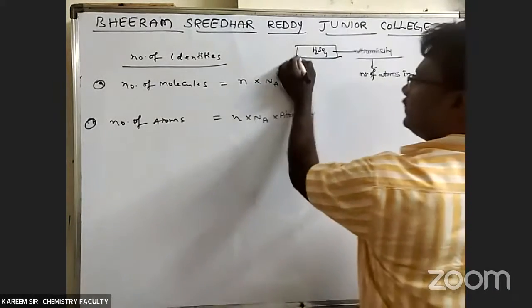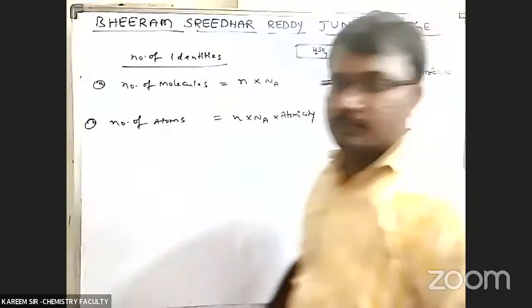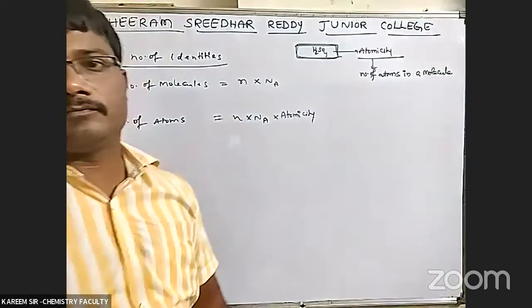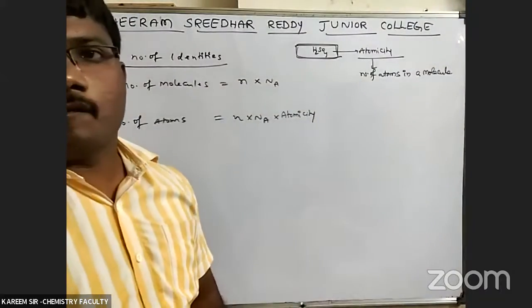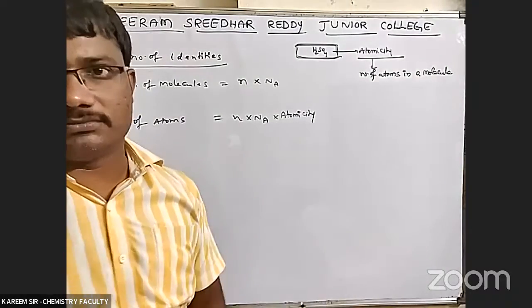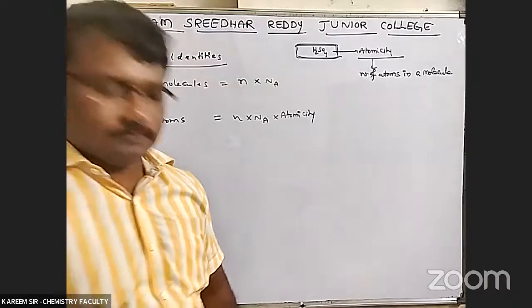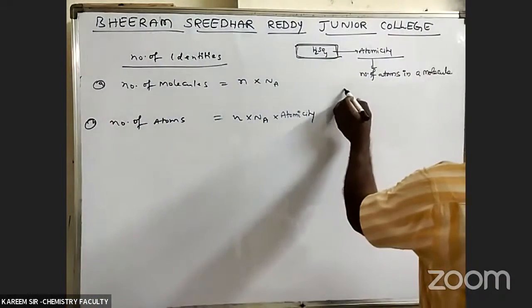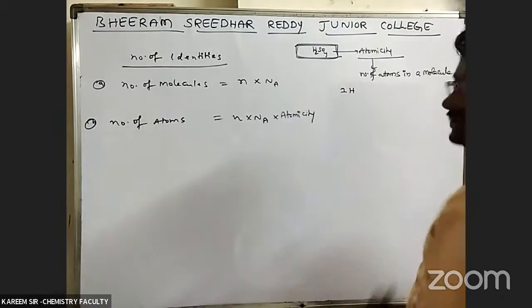So tell me, in H2SO4 how many atoms are there? H2SO4 లో ఎన్ని atoms ఉన్నాయి? How many atoms are there?